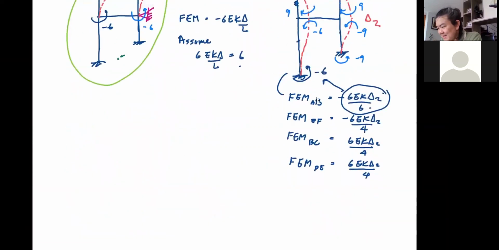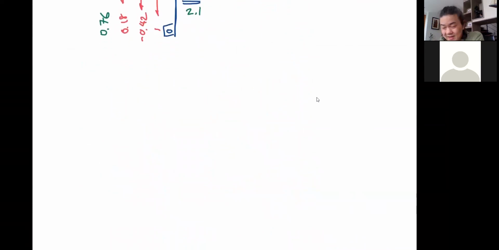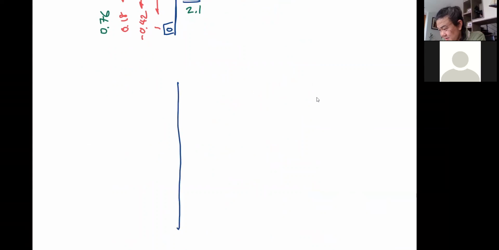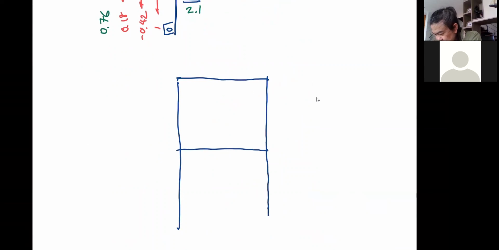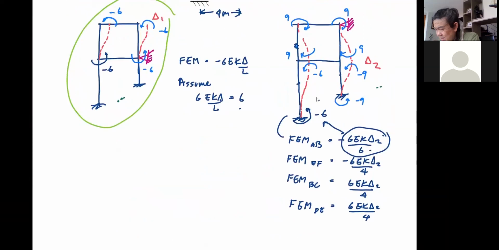The second case is just that one. I don't think I'm going to go through it due to the time constraint, but let me show you what we are going to begin with. In the second case, you have to begin with these numbers.